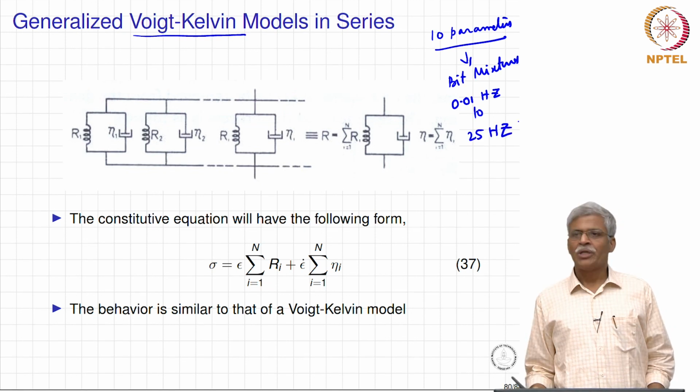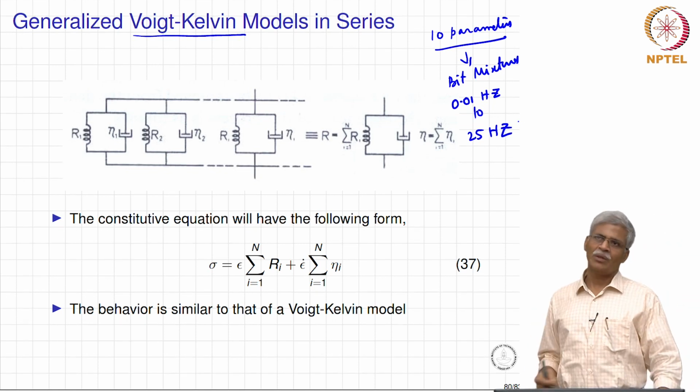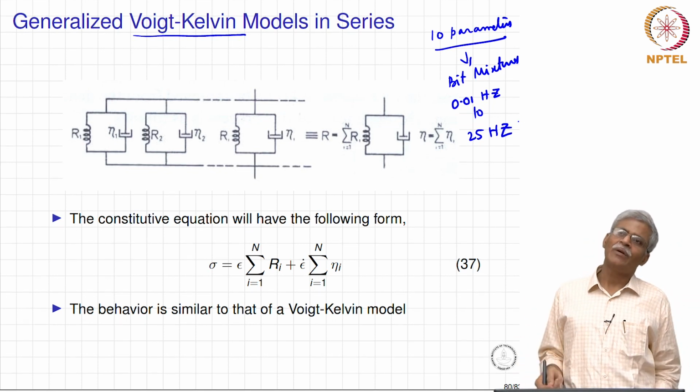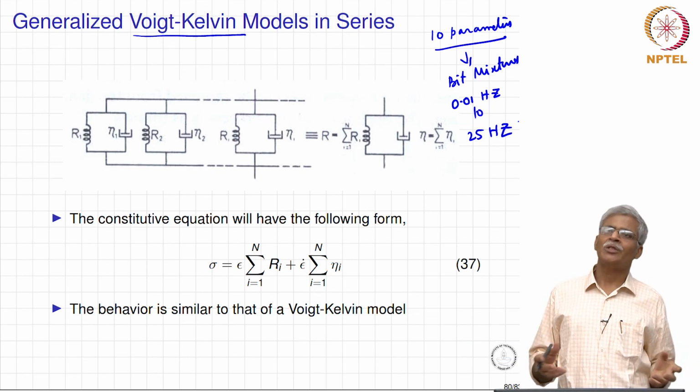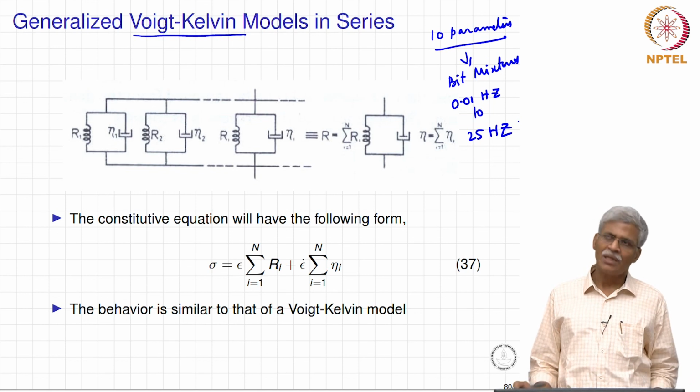So, this is the most interesting thing about this material. At different frequencies, the response of the material will be completely different, and so having a model which just has 2 relaxation times may not necessarily be sufficient.